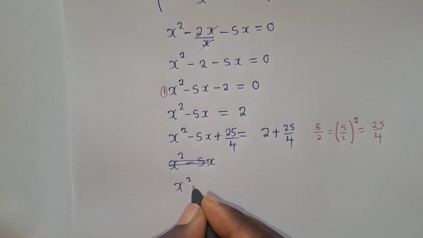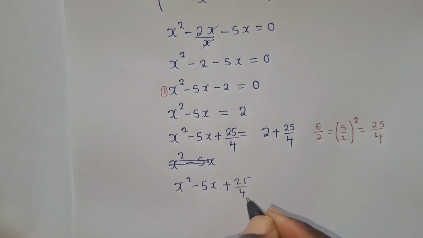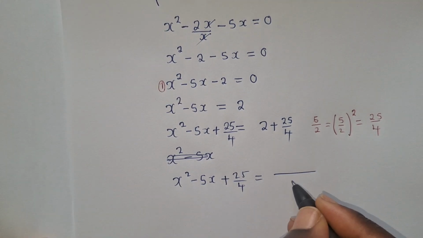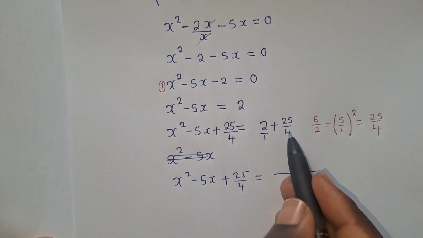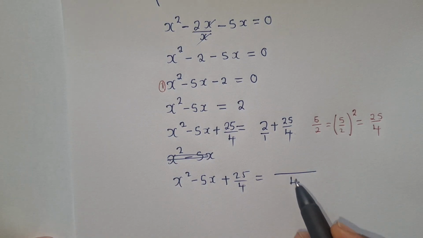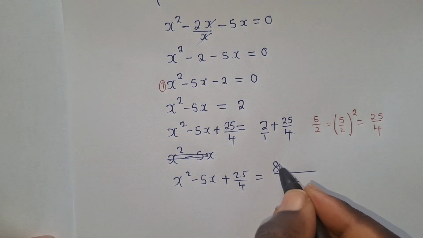We've got x power 2 minus 5x plus 25 over 4 is equal to, when we simplify here, we're going to say lowest common denominator, it's a 4. There is a 1 here. So the lowest common denominator of 1 and 4 is 4. 1 into 4 is 4. 4 times 2 will give us 8.